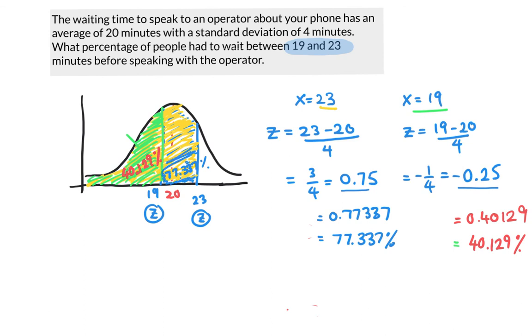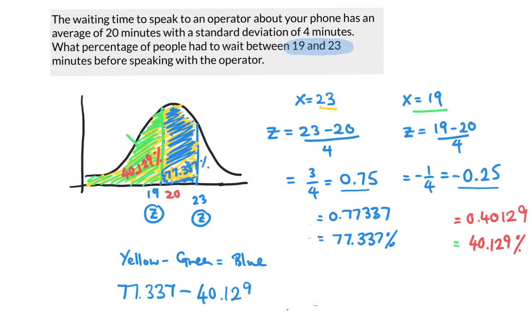And what we do is we do the yellow minus the green, and that will get us the blue. So yellow area minus the green will equal the blue. But what was the yellow area? The yellow area was 77.337, wasn't it? That was the big one. Minus the green, which is 40.129, and that will give us our percentage between 19 and 23 in our data points.